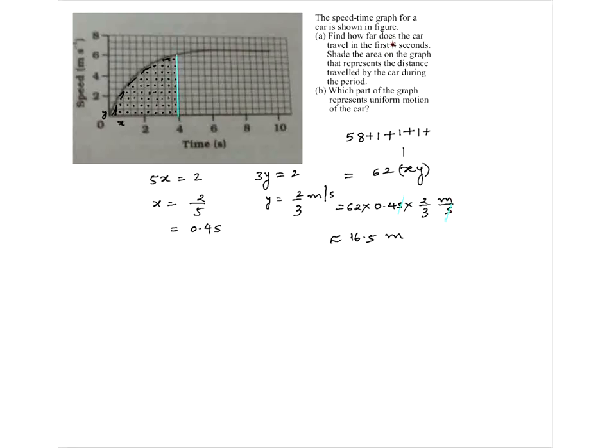Since we have done this part, we can now shade. That's the area.